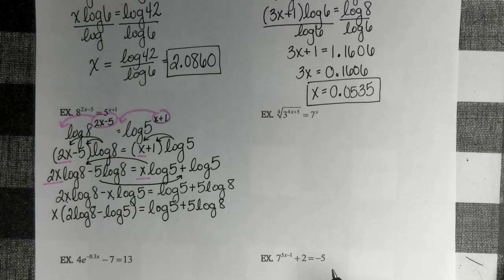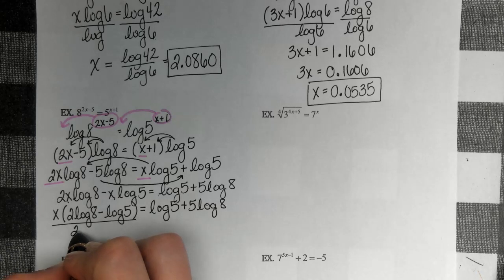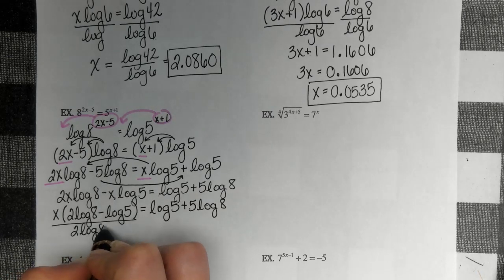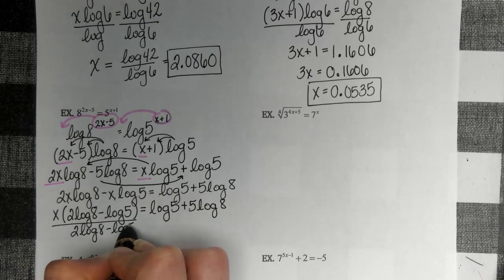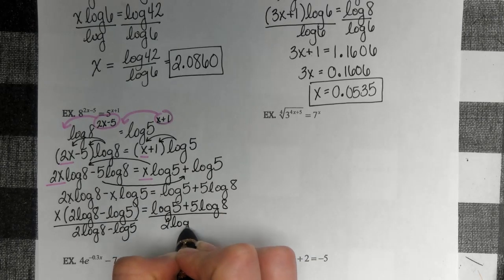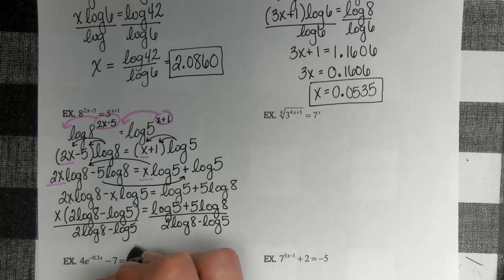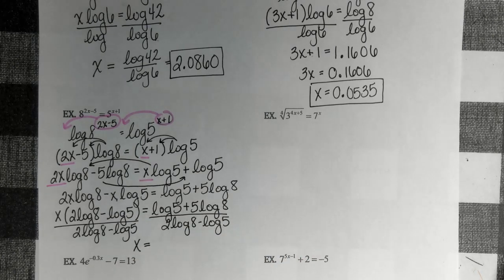Y'all follow me? So then how do I get x by itself? Divide by 2 log of 8 minus log of 5. So type that in your calculator and see what you get.